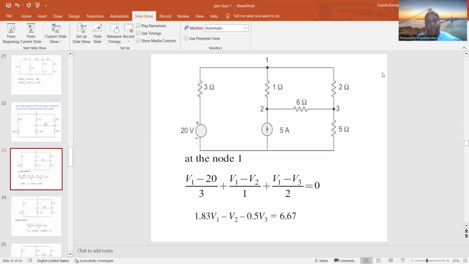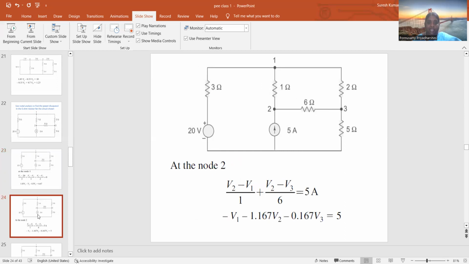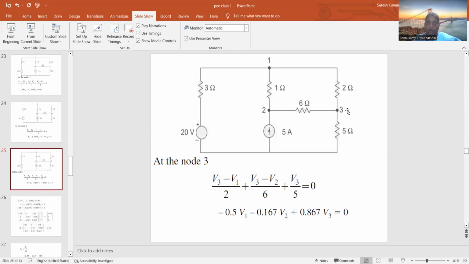So if I am solving this at node 1, V1 minus 20 by 3, V1 minus V2 by 1 and V1 minus V3 by 2, and my final equation is equal to 6.67. And the next equation is at node 2, so this is the second equation. And the last equation is at node 3.